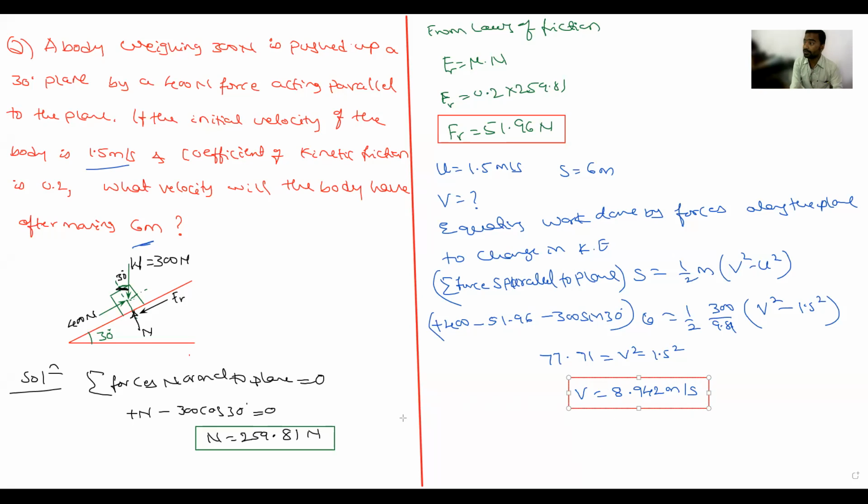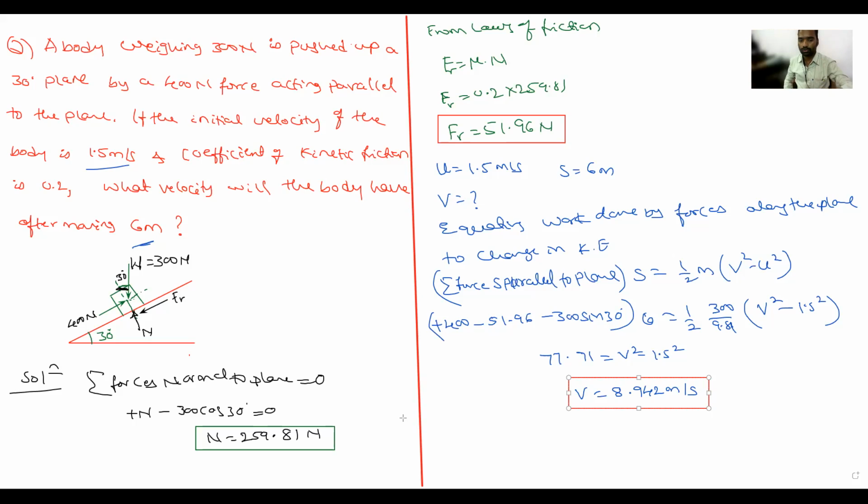See what is given. Try to understand the problem first. There is an inclined plane. The body is moving upward because he has given the initial force of 400 Newton. Initial velocity is 1.5 meter per second. It moves up to 6 meter. The final velocity is what is asked. The weight is given, and the coefficient of friction is given.